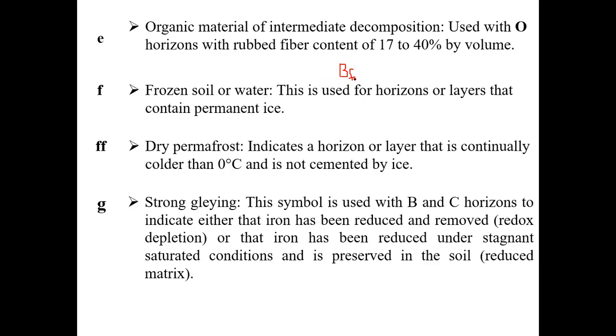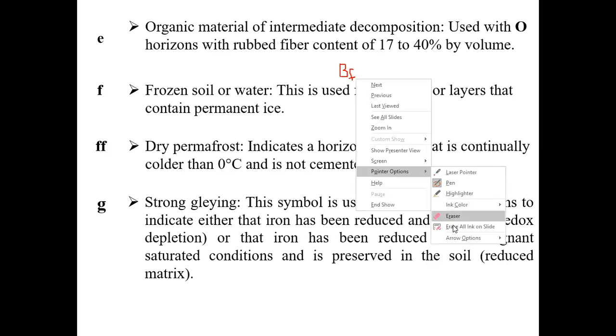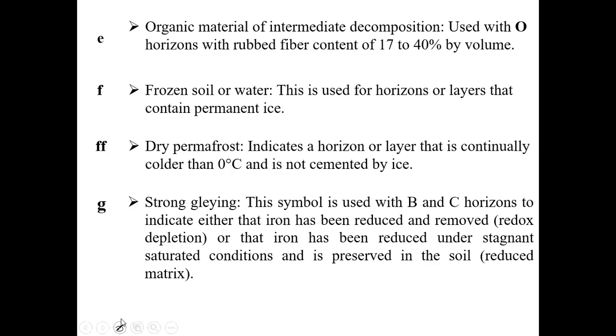Then I should mention it like this: Bf, B with small f. So if I see this in a paper, I understand that in that area there is a B horizon, but it was completely dominated by frozen soil or frozen water. Like that, the scientist will get some idea.